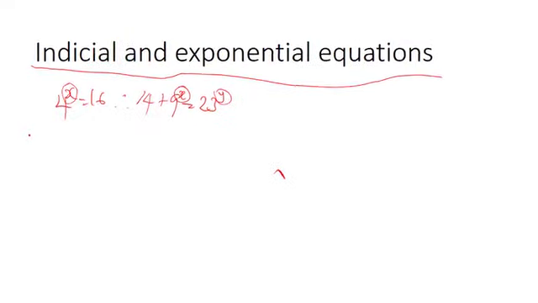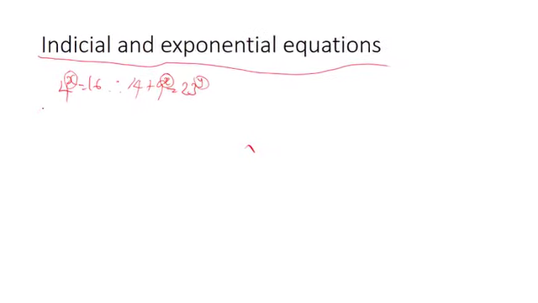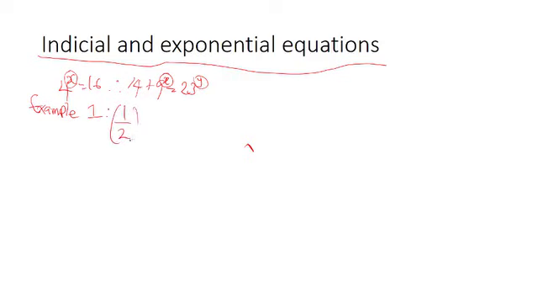And we really need the knowledge of indices, just like what we did in our last class, to enable us move properly in this. Now the first one is, let's call it example number 1. Let's solve for x: (1/2)^x = 8.